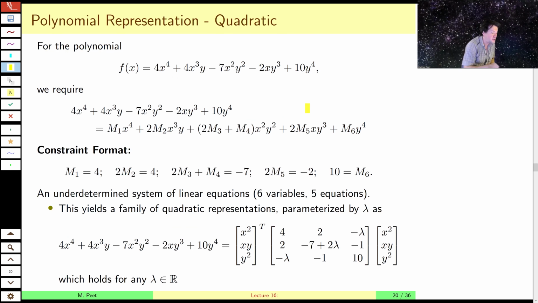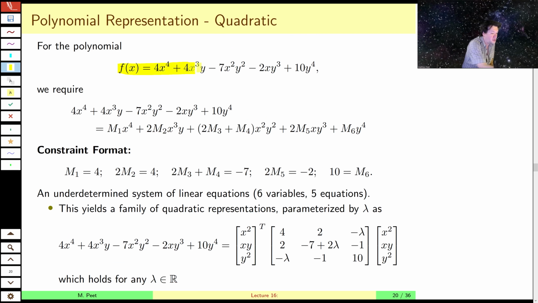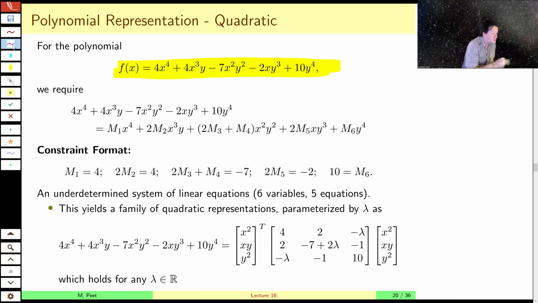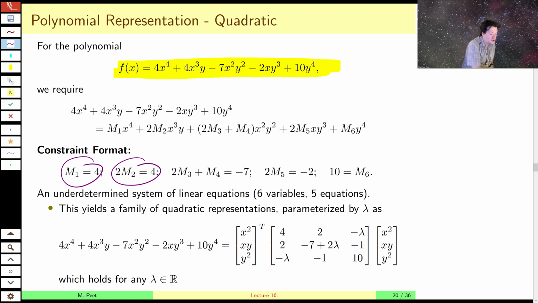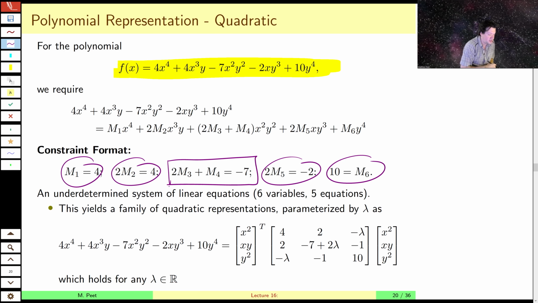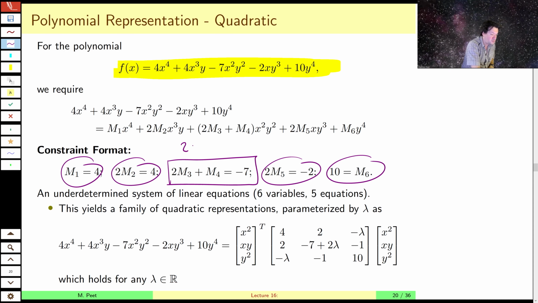So let's go back to that polynomial we had on the previous slide. Again, we equate these coefficients. We have 4 constraints, which give us 4 variables right away, M1, M2, M5, and M6. And then we have this constraint, the undetermined part, where we have 2 variables and 1 constraint.